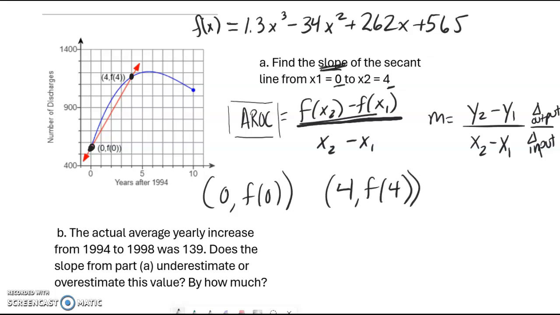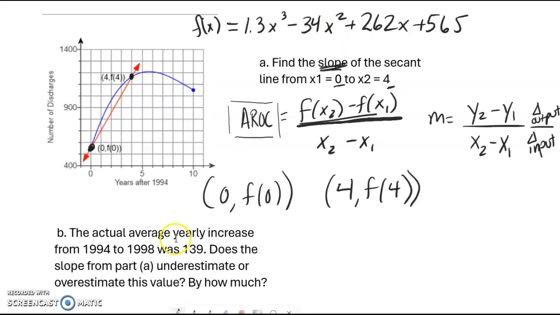Because once I can do that, then I can use the slope formula or this average rate of change formula and calculate that slope. So let's do that, and we're going to use the calculator to help us put it into function f.